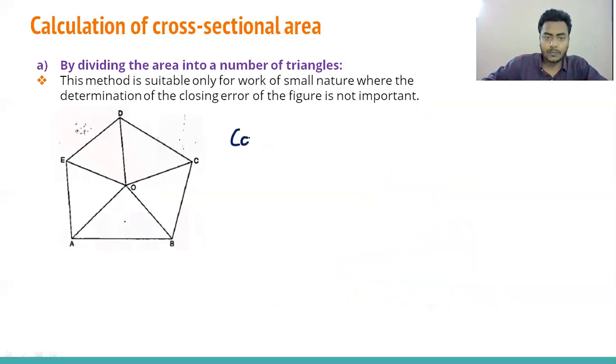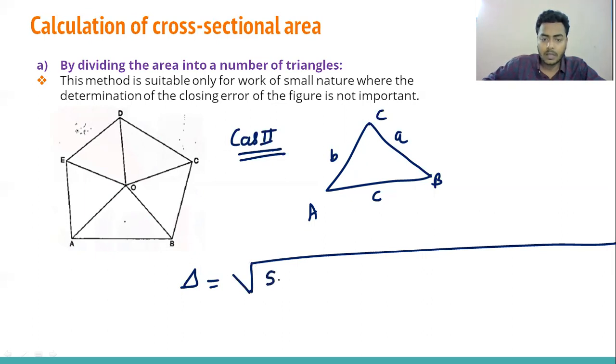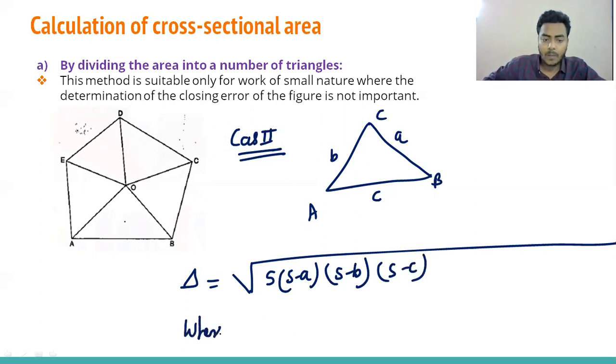Now case 2. Case 2, if the three sides are given for a triangle, like a, b, c. This side is a, this side is b, this side is c. So if three sides are given, then we can calculate the area by this equation: root under s into s minus a into s minus b into s minus c, where s is the half of the perimeter.